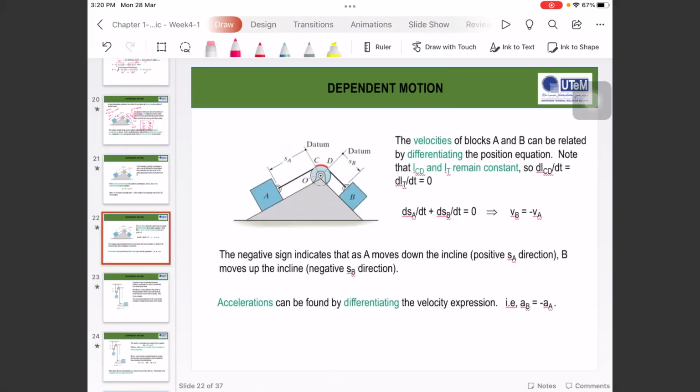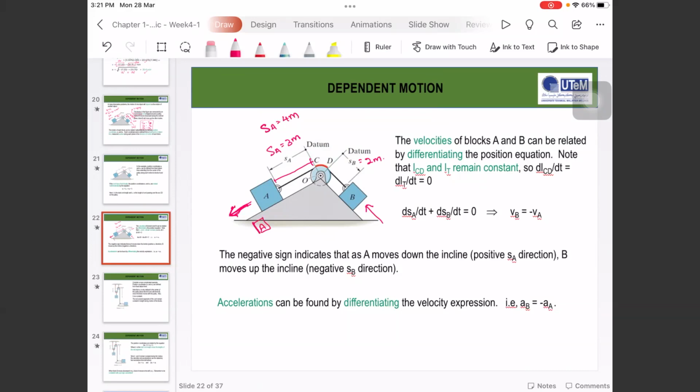Contoh yang atas ni, kalaulah yang A ni bergerak ke bawah, B ni gerak ke atas. So this length SA pada asalnya panjang macam ni. Bila dia bergerak ke bawah, asalnya let's say SA is 3 meter, and then SB let's say 2 meter. When it moves ke bawah, SA ni mungkin dah jadi 4 meter, dah jadi panjang.